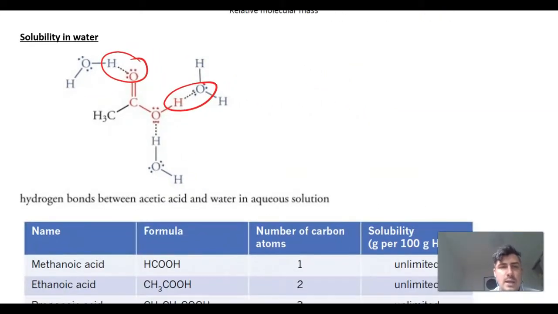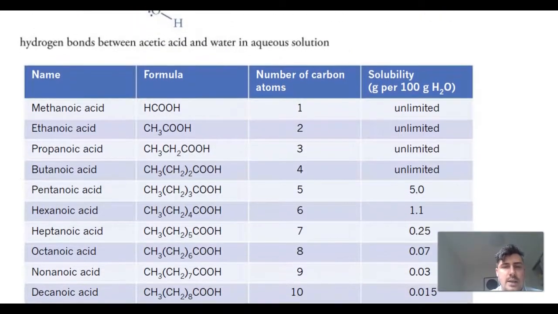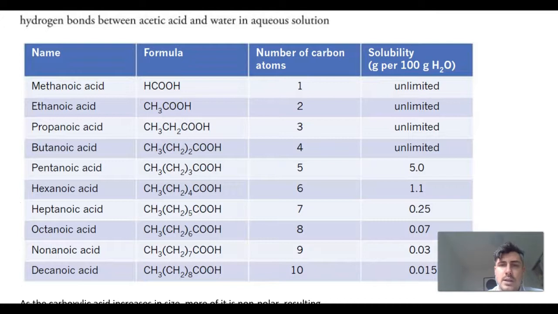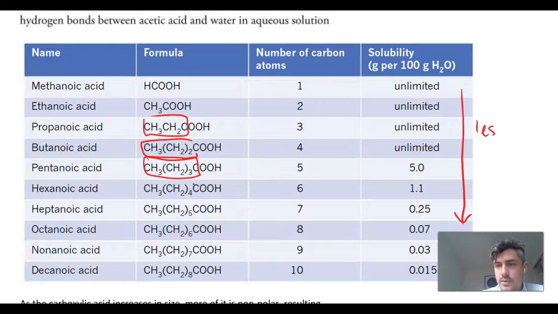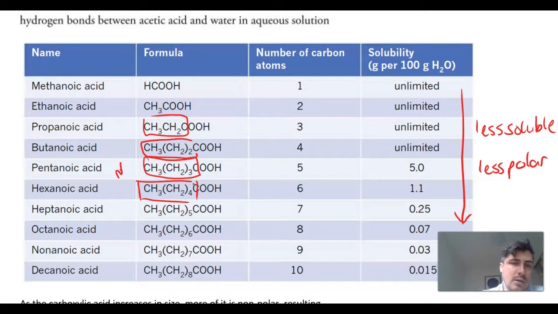Now, as we increase the size of the carboxylic acid, if we look at this homologous series here, we are increasing the size of this part of the molecule with more and more carbons. It gets less and less soluble. And the reason for that is because it gets less polar. The part of the molecule that is increasing in size is getting larger and larger, and this part is largely non-polar.